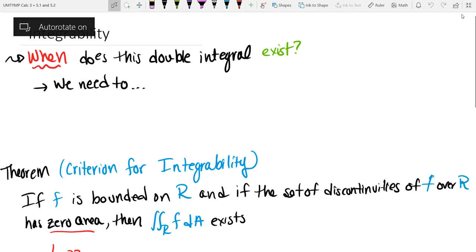For the Riemann sums, we had midpoints, a point in the lower left, lower right, whatever, right?